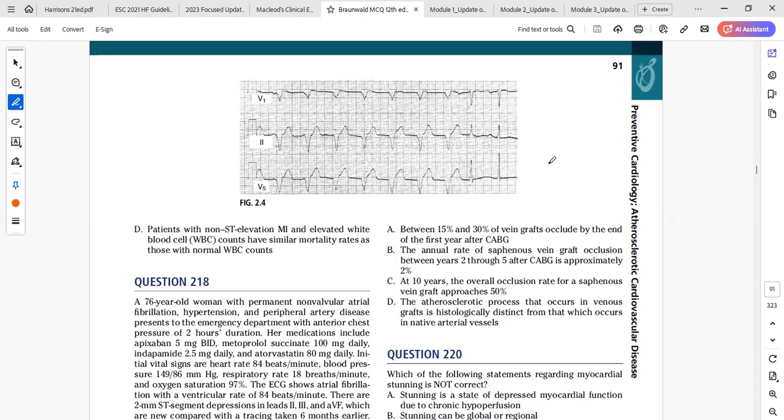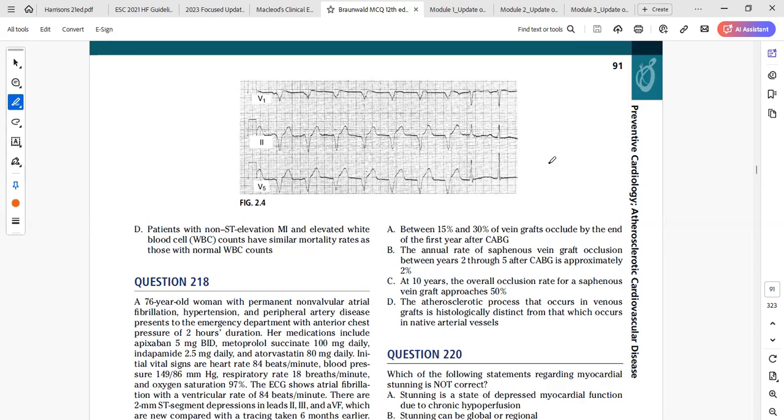This occurs most times when there's reperfusion, and it's said to be a marker of good prognosis, meaning that the area is viable and it has been reperfused. It can also happen in about 20% of post-MI. Other causes include drugs like digoxin.